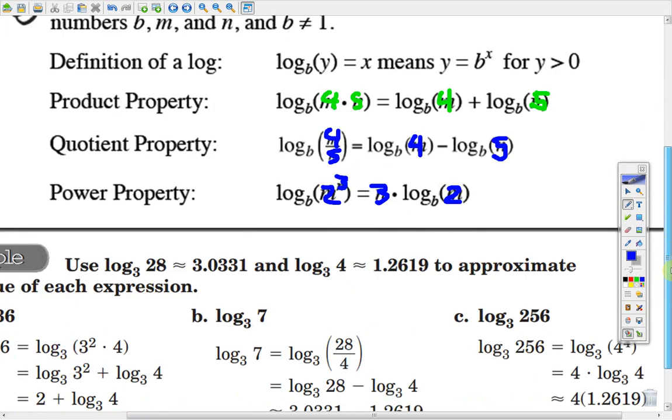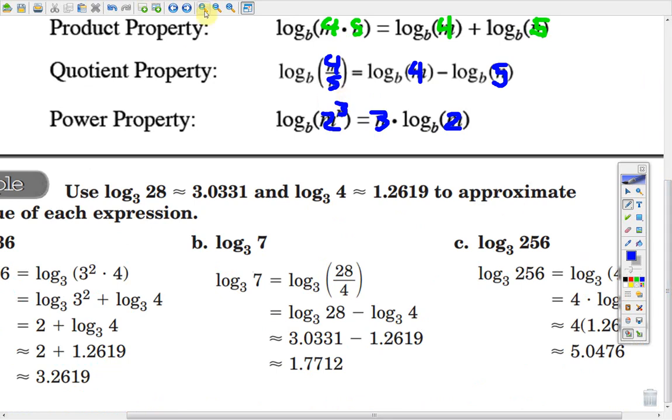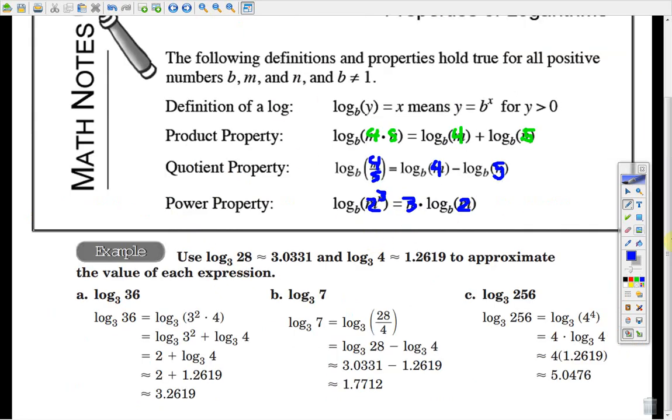Let's look at some quick examples here. You can use this to simplify expressions if you know some specific logs. Back when people used log tables, this was more important than it is now with our calculators. But it's still handy, and makes nice little math puzzles for us to solve. So if we think of log base 3 of 36, we can do a little factor tree and realize that 36 is the same thing as 6 times 6, or 2 times 3 times 2 times 3, or 3 squared times 4.